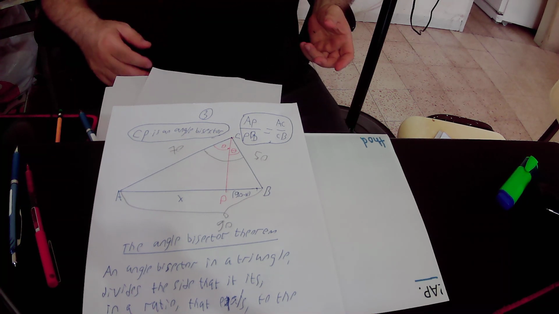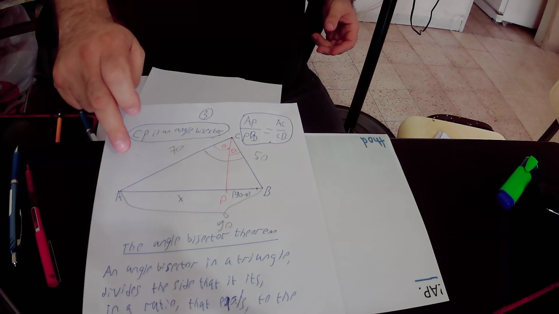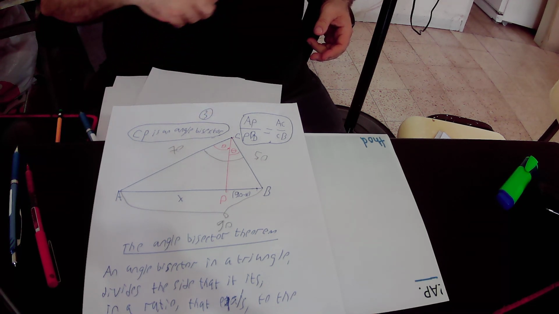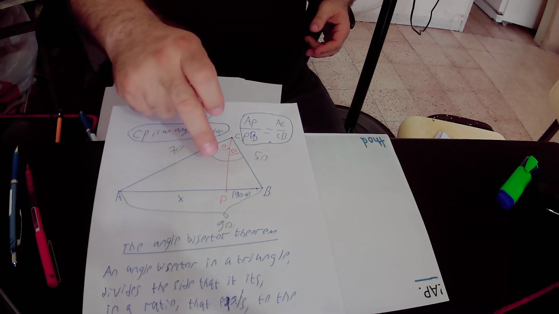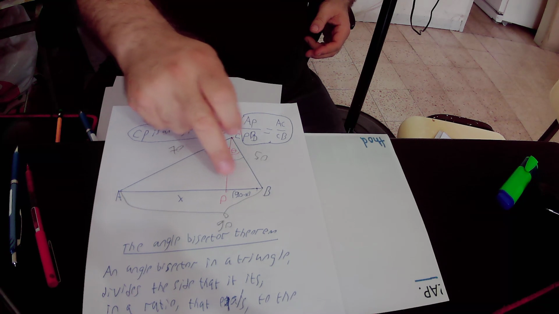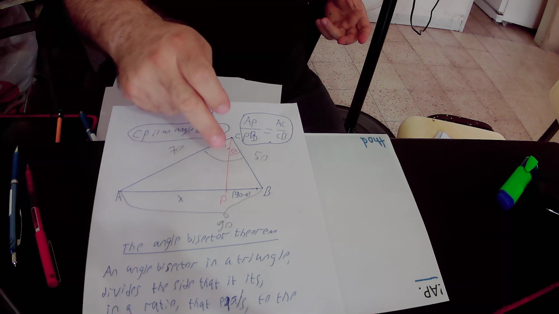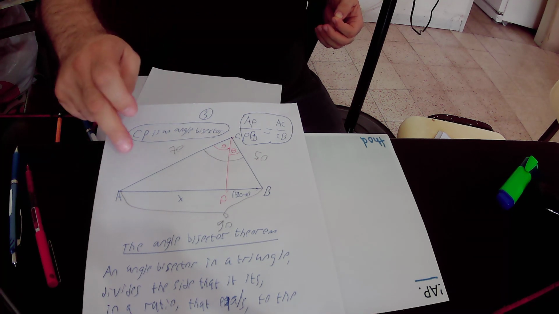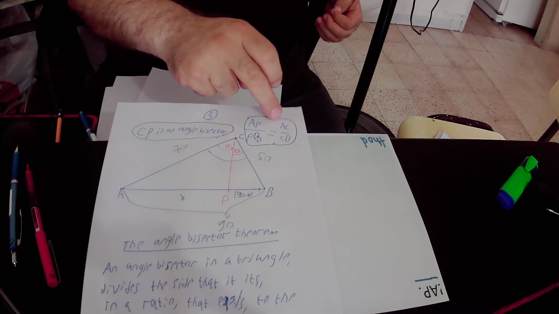We have a rule that in a triangle, in our case triangle ABC, the angle bisector divides the side that it hits into 2 parts, part AP and part PB, and the ratio between those 2 parts, that is AP over PB, equals the ratio of the angle sides, AC over CB. So AP over PB equals AC over CB.